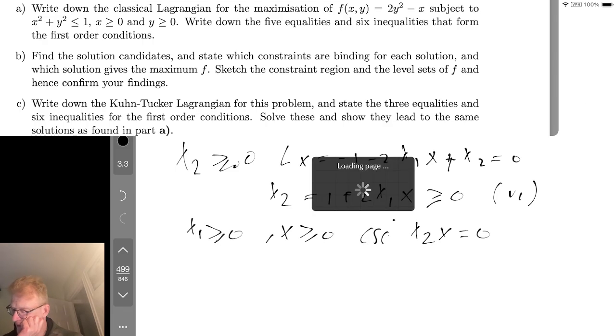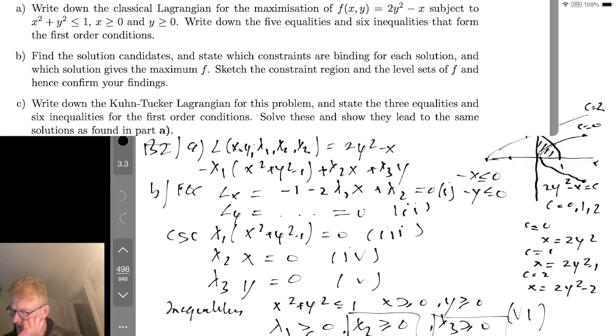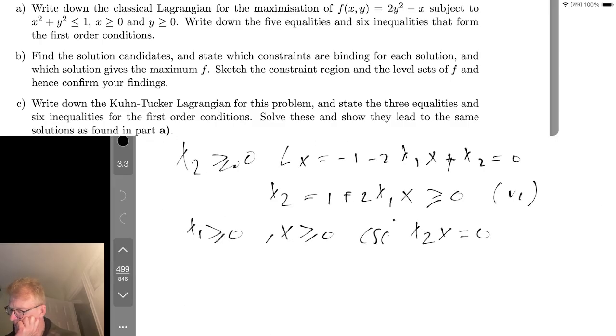But lambda 2 is bigger than 0, because lambda 1 is bigger or equal than 0 and x is bigger or equal than 0, so this is always non-negative.